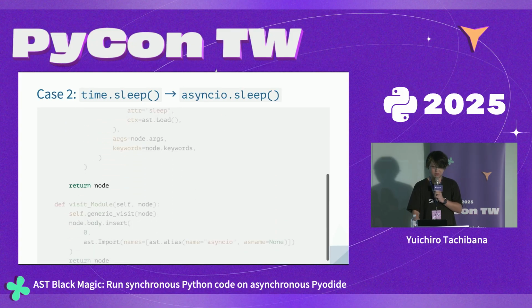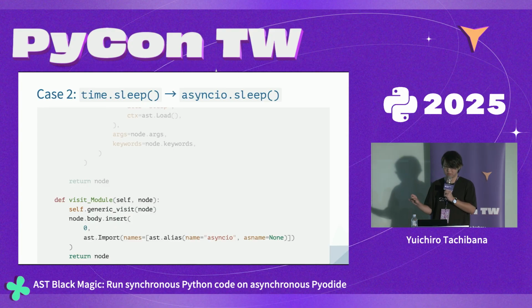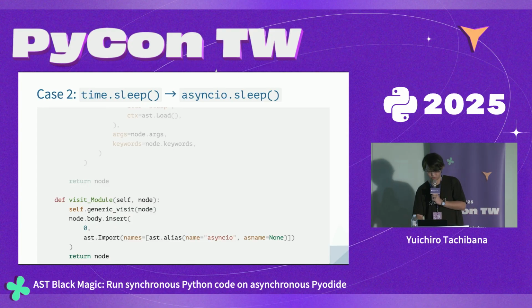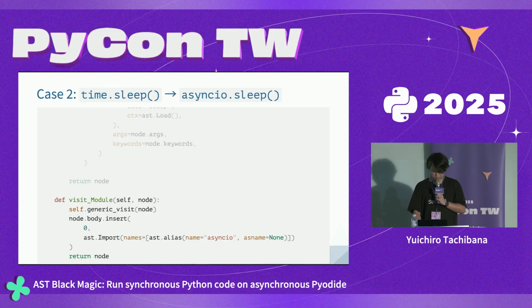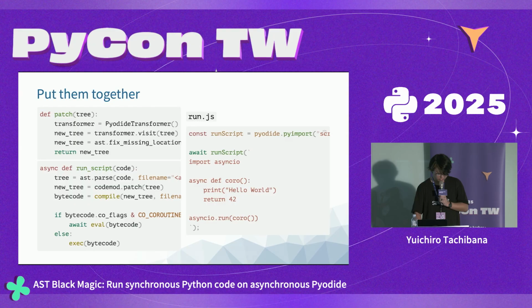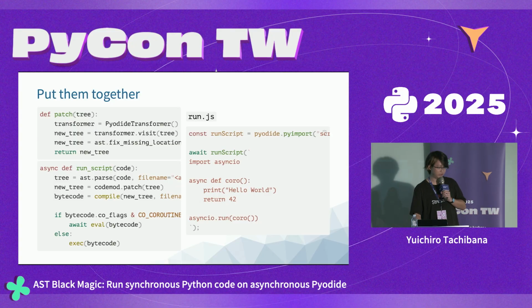One thing we have to take care of more is that we have to add an import statement importing the asyncio module, because the original Python code might not import asyncio. So once we put all the work together into one AST NodeTransformer class, combining all the custom callbacks, it actually works as expected.